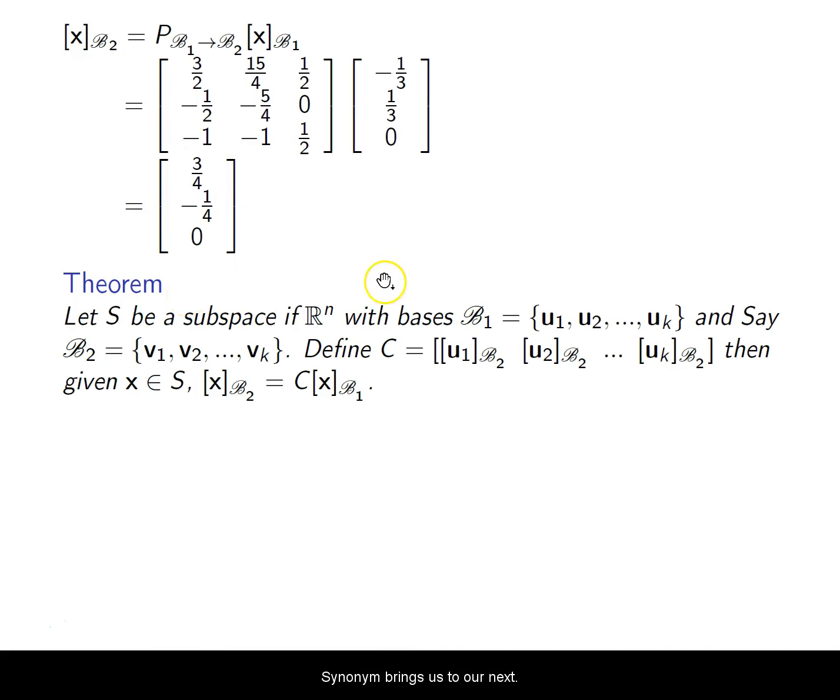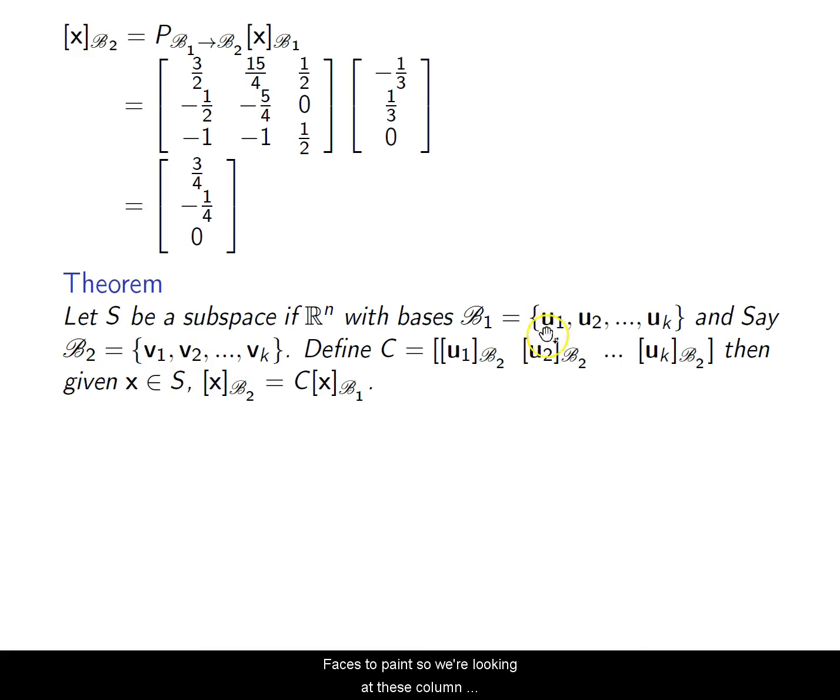So that brings us to our next theorem. Let S be a subspace of Rn with bases B1 that looks like this, K vectors, and B2 that also has K vectors. So these are K vectors, each with n elements. This should say of, not if. Define C as the matrix consisting of the column vectors of B1 under basis 2.